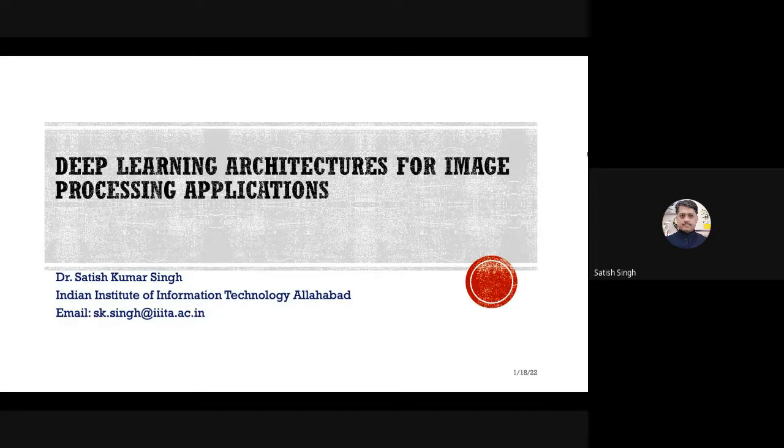I just want to give an abstract view of deep learning architectures and how they are going to be used for a variety of not only image processing applications directly, but other applications where image processing will be used as a necessary step. So directly or indirectly, applications are related to some sort of image processing.